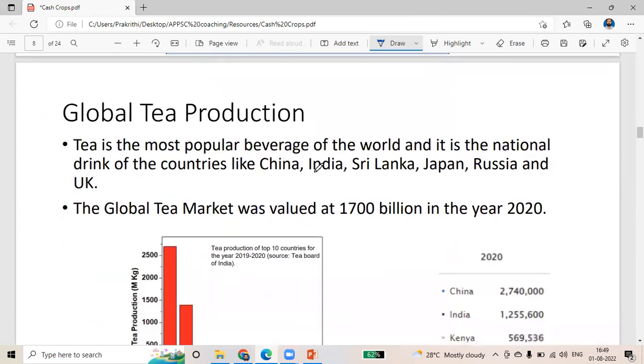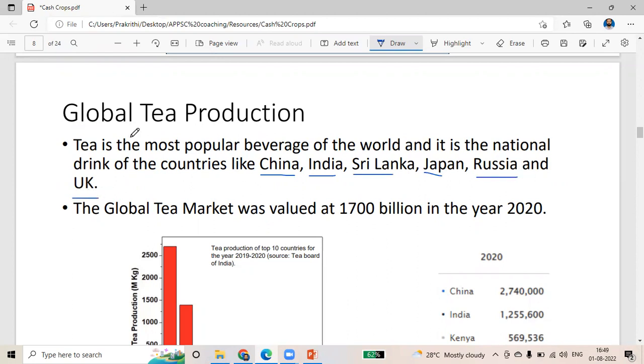Now let's see the global condition. So just like almost everything, the maximum production of tea is in China. So second में, like everything, India will come, followed by Sri Lanka, Japan, Russia, and UK, United Kingdom.